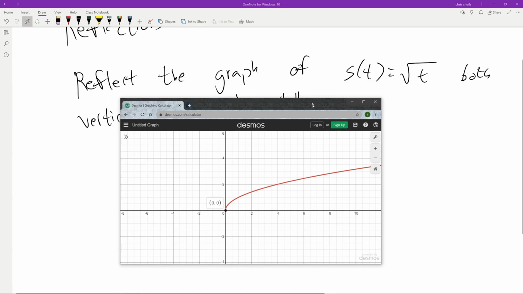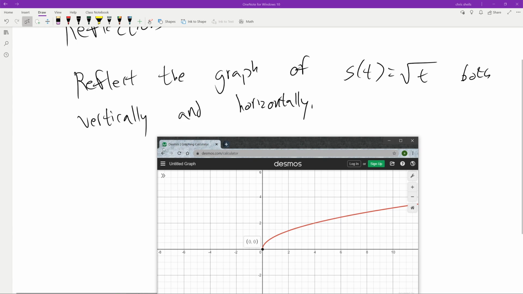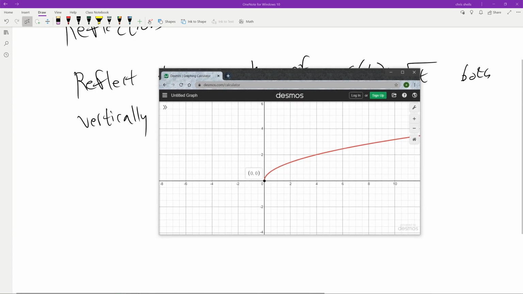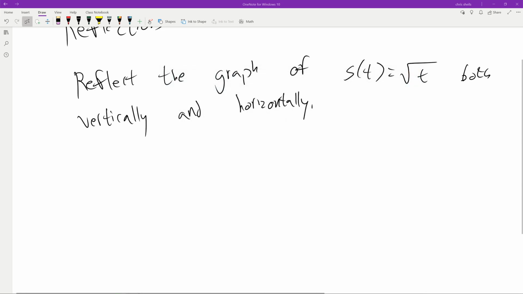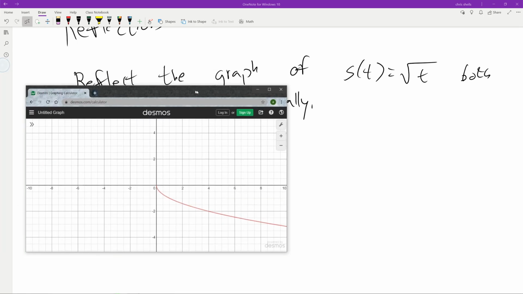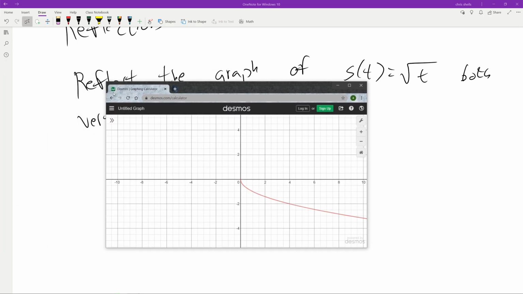Now, if I wanted to reflect this graph vertically, it would look like this. Notice that here, all of my output values are opposite in sign to the output values of my original graph.